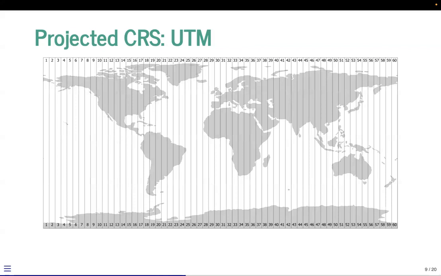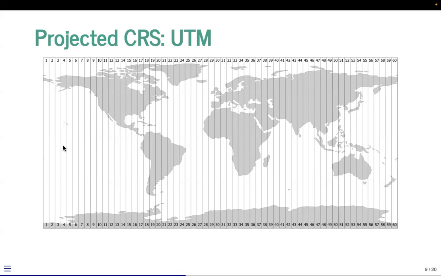So this is just how that looks for the Earth, right? Notice how now I'm not showing you a globe. This is not geographic, it's not in angles. It is a plane where we're basically using a metric unit, where for each one of those zones, we have a different coordinate reference system that has its center points specific for each one of those divisions, which is what helps it to be more precise.